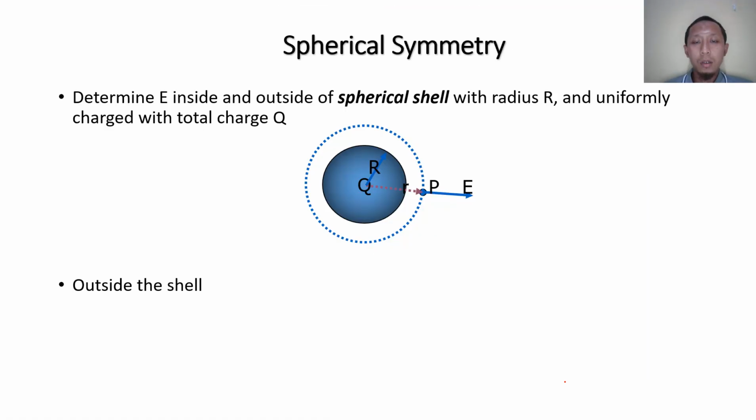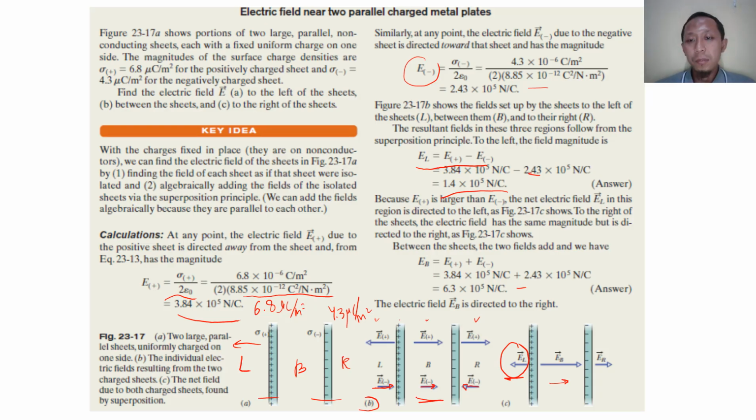We use E plus minus E minus, and the result is similar to EL: 1.4 multiplied by 10 to the power 5 newton per coulomb, and the direction is toward the right side. So this is the total electric field on the left side, between, and on the right side.